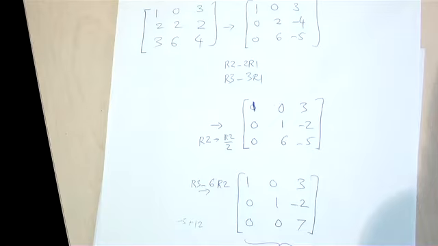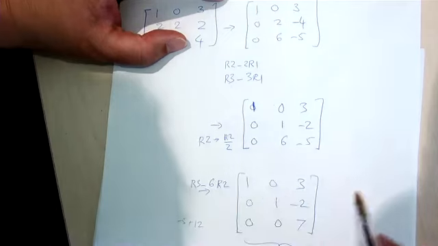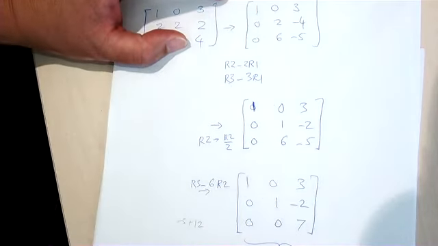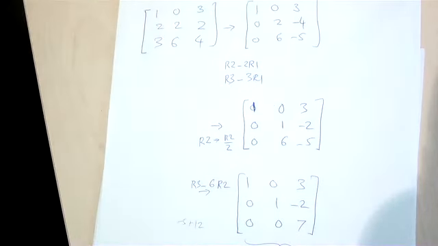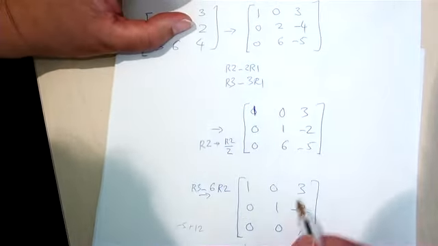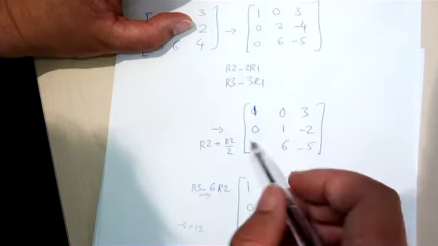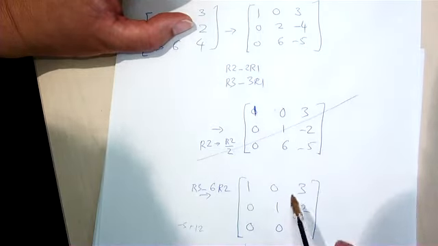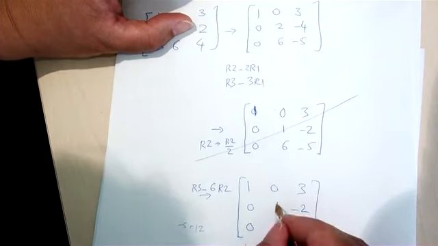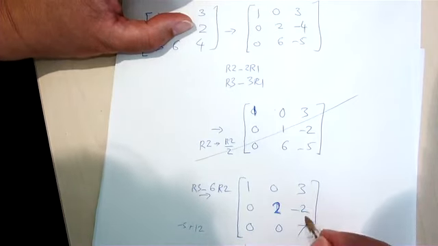Maybe we should not divide it. So we just skip this step. So this one is still 2, minus 4.